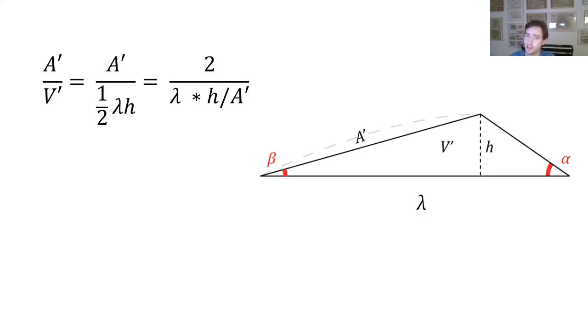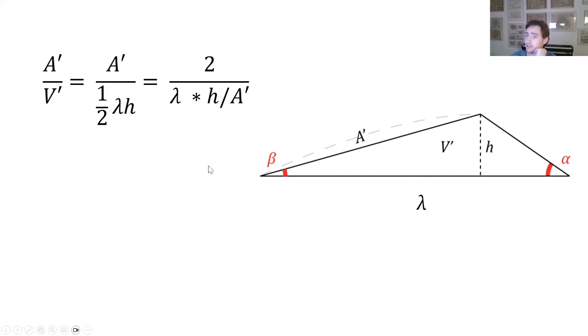We'll get into later that alpha is actually similar to the angle of repose. But if we calculate the surface to volume ratio in this context, we find that it's proportional to the exposed surface area, which is the hypotenuse of this windward triangle, divided by the volume, which in this case is the area of both of these triangles, equal to half times the wavelength, so the entire length of this thing, multiplied by the height.